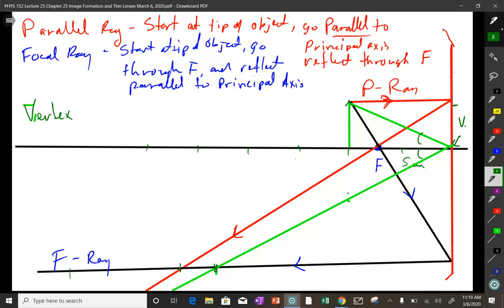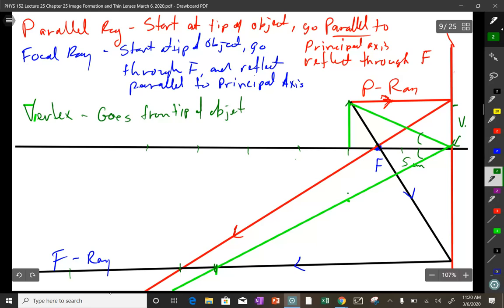So the vertex ray goes from the tip of the object to the vertex and reflects symmetrically below the principal axis.